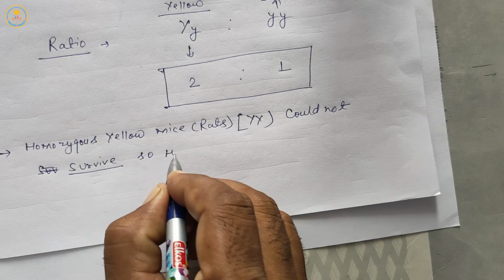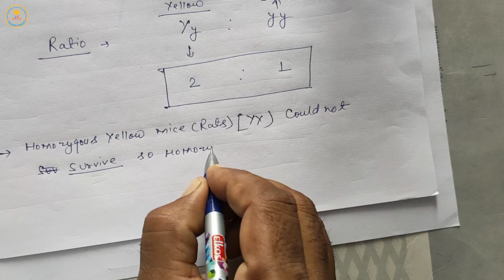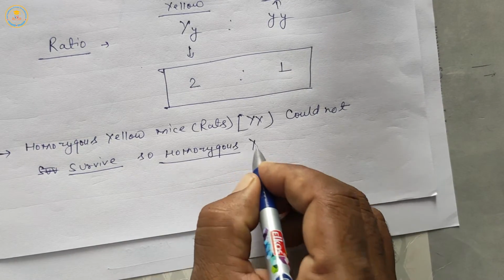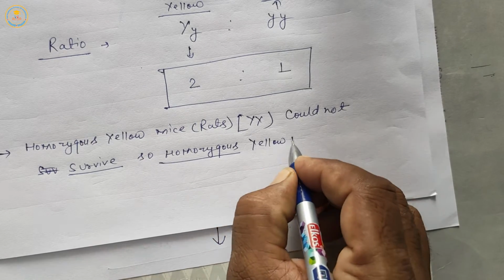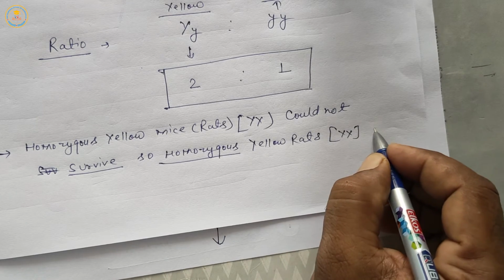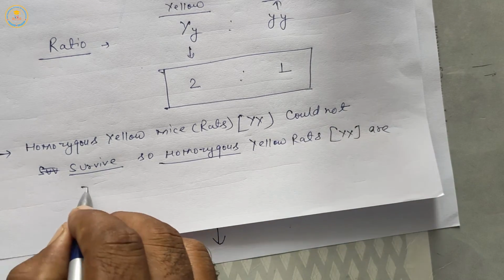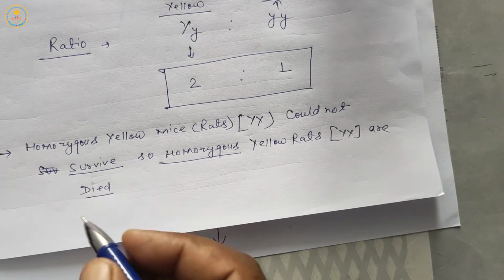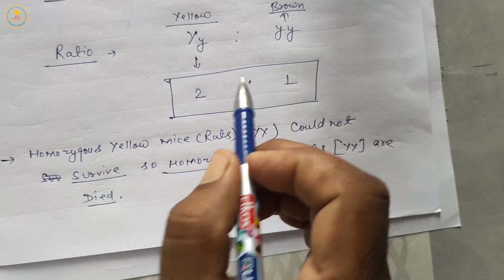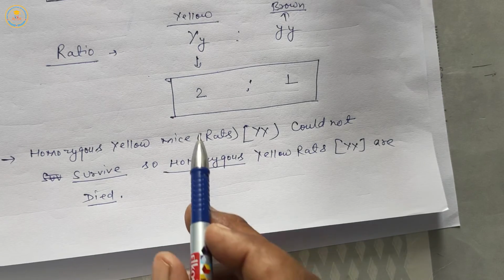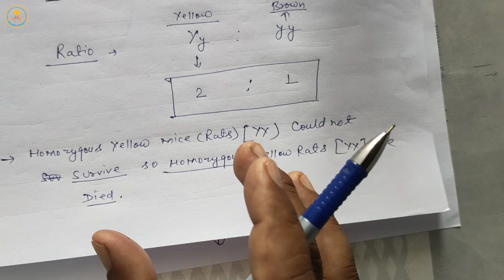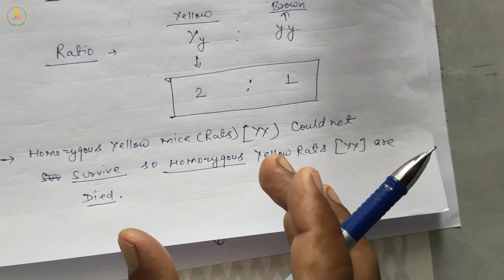So homozygous yellow rats, meaning capital Y, died. Once again, the ratio of lethal gene is 2:1, and homozygous yellow mice could not survive.